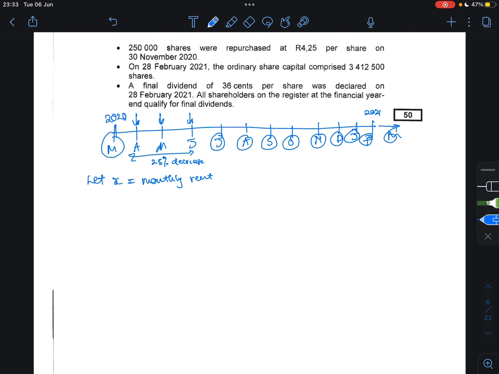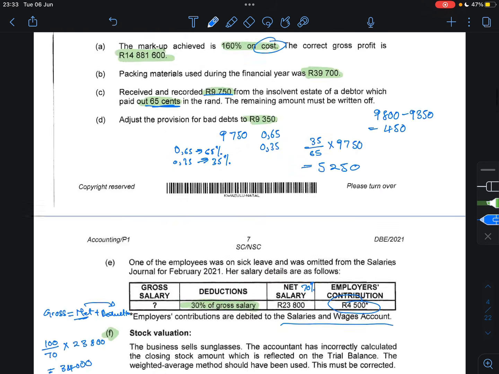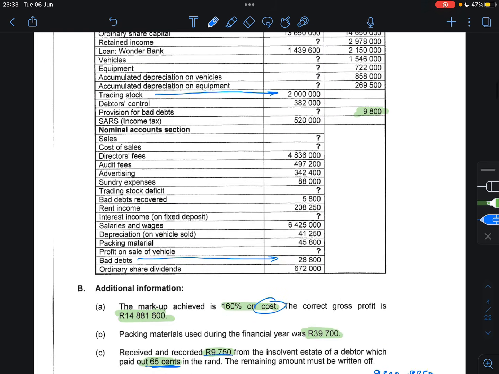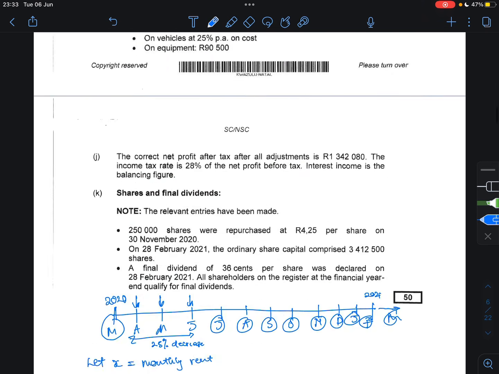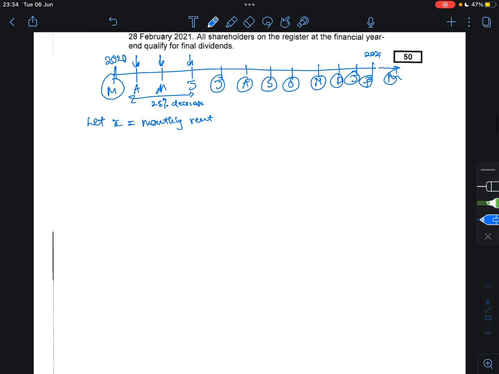All right, we're going to let X be the monthly rent without any increase, without the decrease that we were told about. Okay, so let's check how much total rent income did we receive. We received a total of 208,250. Okay, so 208,250 is equal to all that we have received in these months.